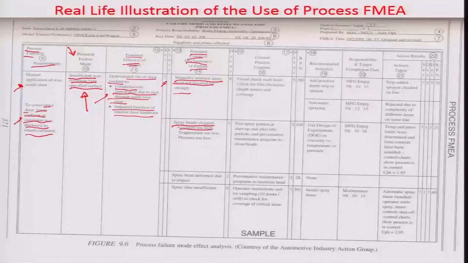Sometimes because of continuous spraying and insufficient maintenance, the wax may jeopardize the orifice of the dispenser, and it may create a lesser flow. A lesser flow may always matter, because there is a certain time cycle which can be utilized for coating the wax on the door inner. You can't go beyond the time cycle, because always, in a line production, this cycle time has to be obeyed.